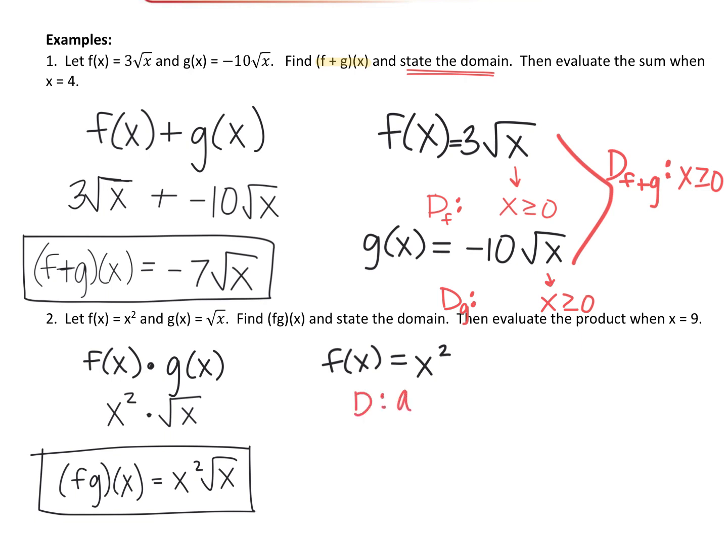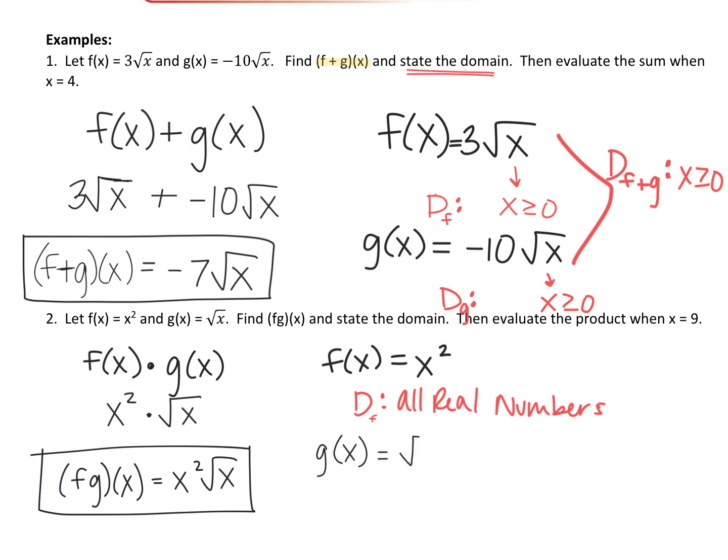It's all real numbers, meaning that you can have anything you want. Another way to think about it, if I have x squared, there's nothing I can put there that's going to be a problem. The reason it was a problem on the previous one is because you don't want to take the square root of a negative. That causes a problem, right? There's nothing you can do to x squared that's going to cause a problem. So the domain of f is all real numbers. Okay, we'll do the domain of g before you go to lunch.